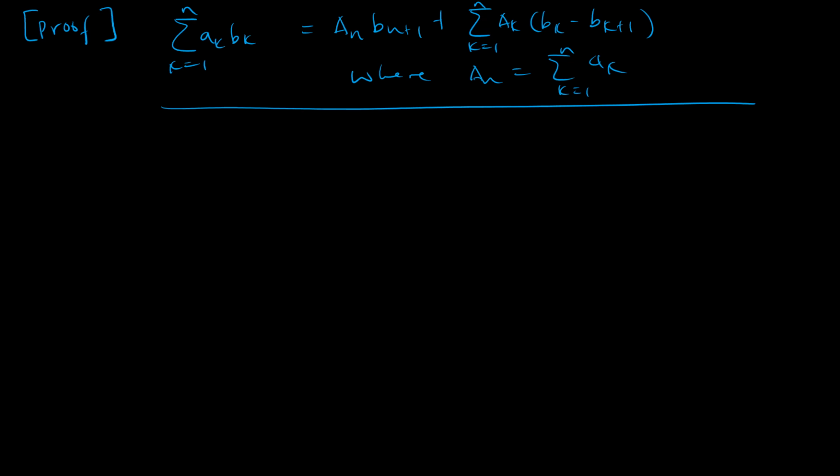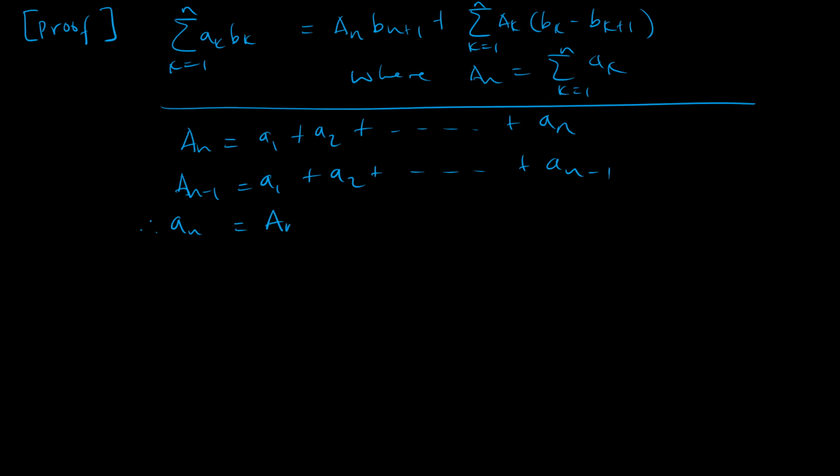So we know that A_n is equal to a_1 plus a_2 all the way up to a_n. A_{n-1} is equal to a_1 plus a_2 all the way up to a_{n-1}. Therefore, small a_n is the same as capital A_n minus capital A_{n-1}. Important.